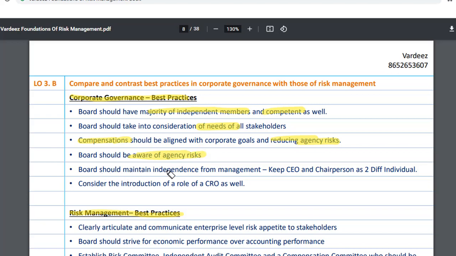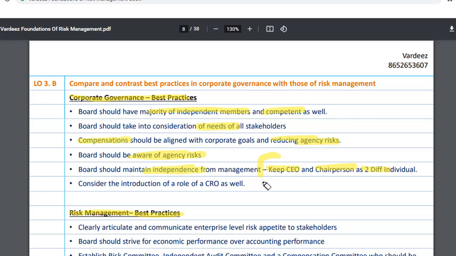Then the board should maintain independence from the management. This is a very important point, guys. Remember for the exam that the CEO and the chairperson should be two different individuals. The CEO and the chairperson should not be one, because if that is the case, then there is a chance of conflict of interest.